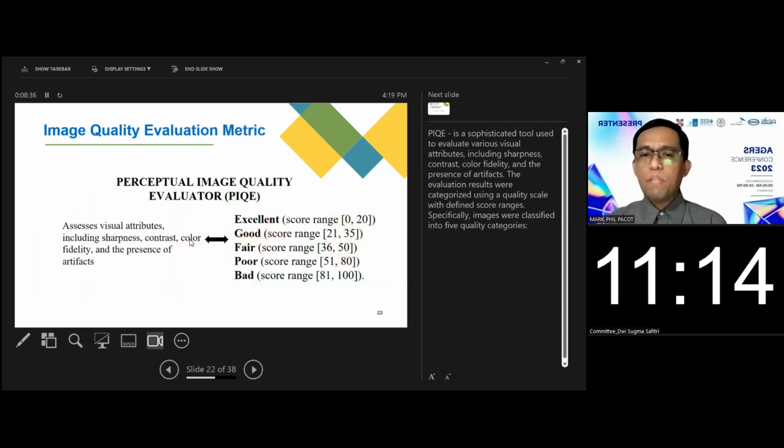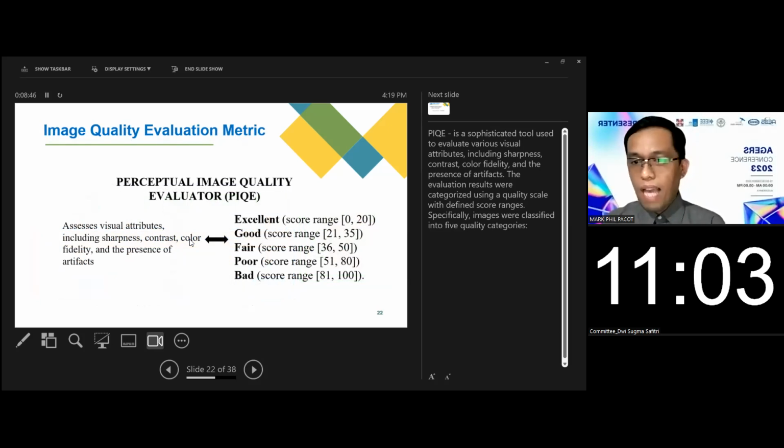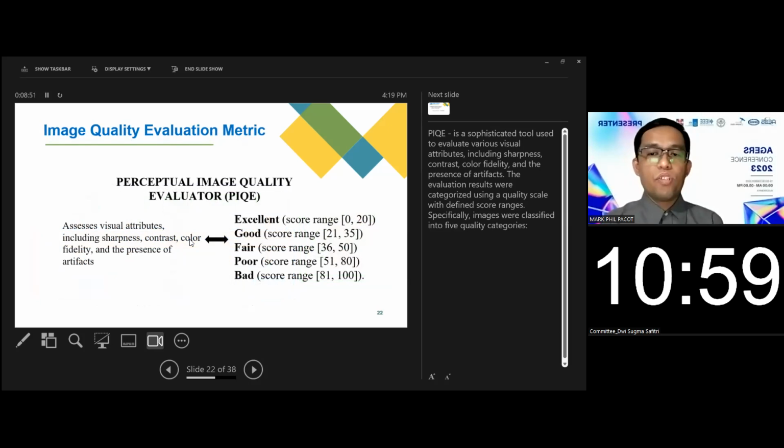To evaluate the quality of the generated mosaic, we use the perceptual image quality evaluator, where a quality score of 0 to 20 is an excellent result, and 81 to 100 is a bad result.